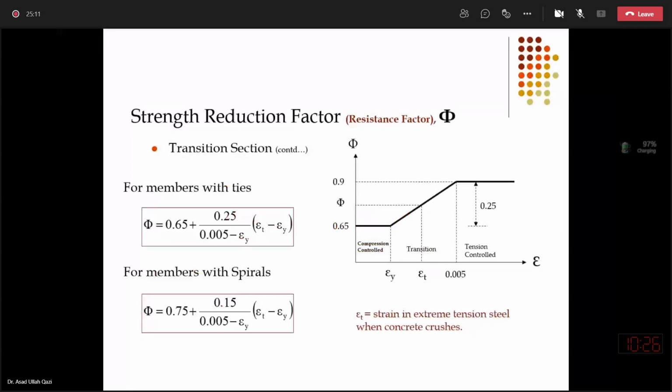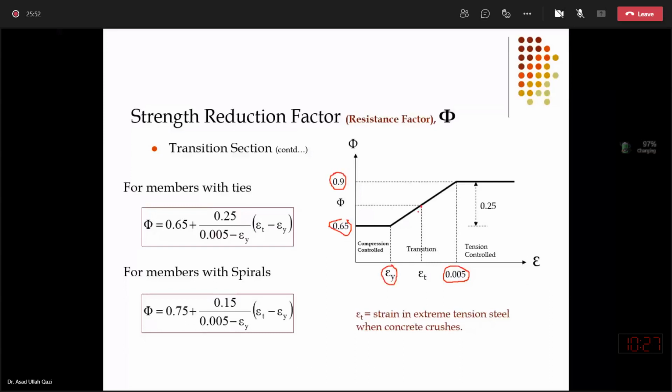For all cross sections with epsilon s less than epsilon y, phi will be 0.65. And for all cross sections with epsilon s greater than or equal to 0.005, phi will be 0.9. But for such cross sections in which we have epsilon s greater than epsilon y but less than 0.005, we need to determine the phi.